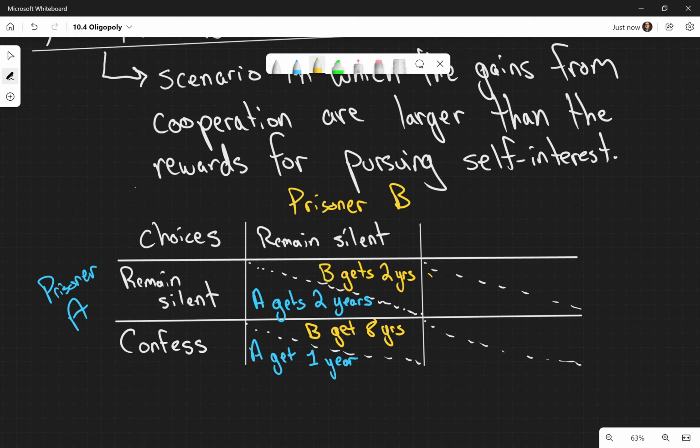And so similarly, person B has the option that they can confess. If person B confesses, they're going to get the 1 year. If person B confesses and person A remains silent, then person A is going to get 8 years.